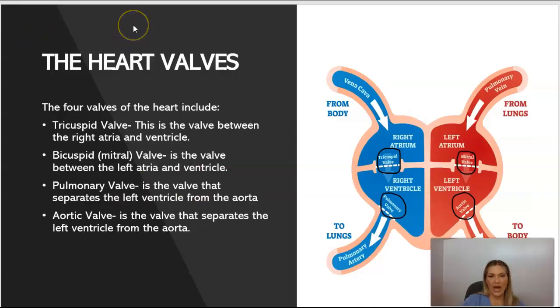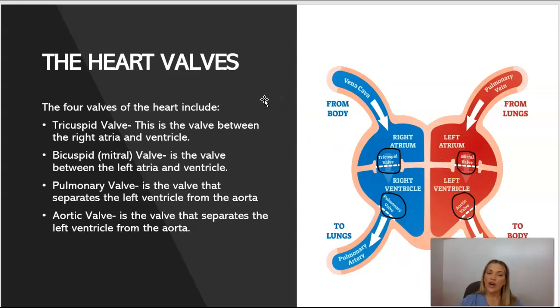The heart also has four valves, which you can see here. I've circled them so you can easily identify where they are. The tricuspid valve is the valve between the right atrium and the right ventricle. You have the bicuspid valve, otherwise known as the mitral valve, and this is between the left atrium and the left ventricle, which is right here.